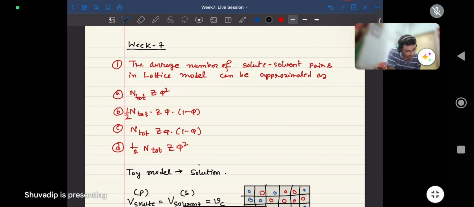Phi is the supposed volume fraction of solute. Then it will have on an average z neighbors. The volume fraction of the solvent is 1 minus phi. The total number is n total, Np plus Ns. Correct.